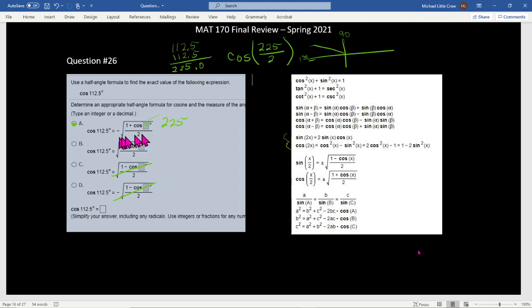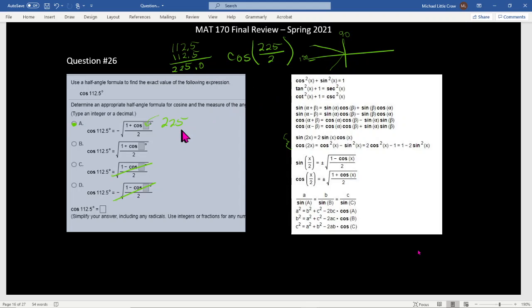So we use this one, and how do we go about figuring that one out? Well, we can use a reference angle to figure out what cosine is. Cosine of 225 actually is down here in the third quadrant, right?